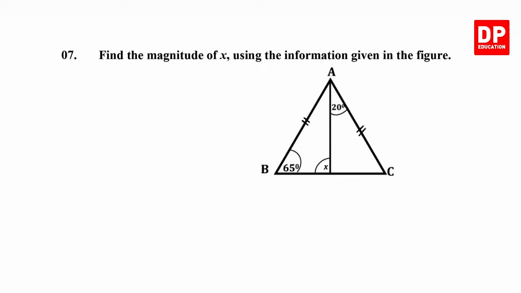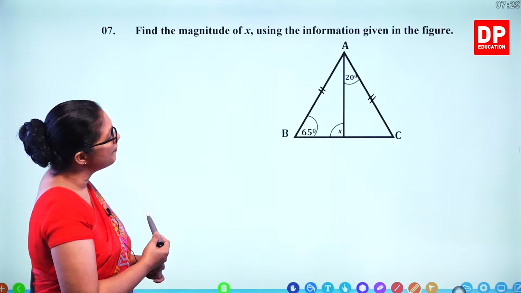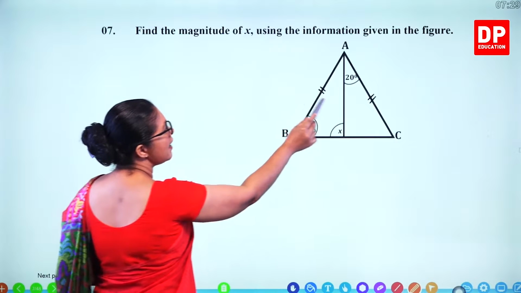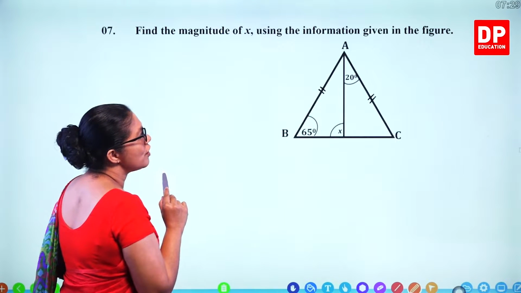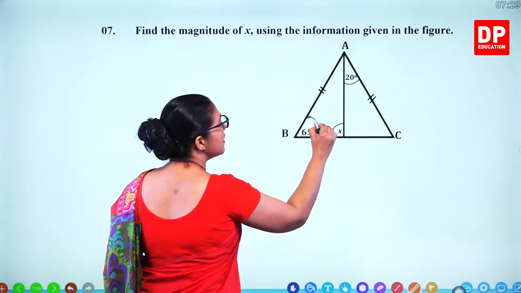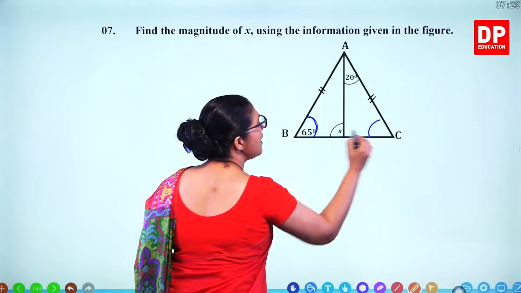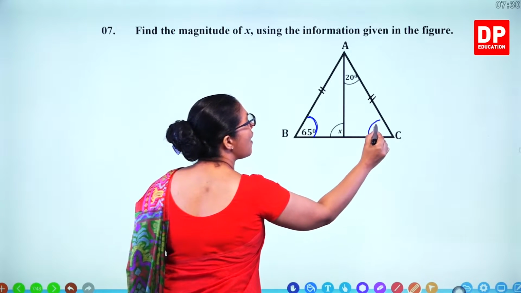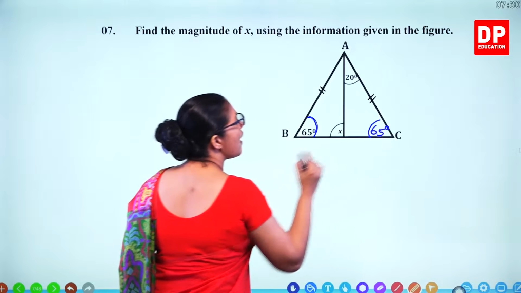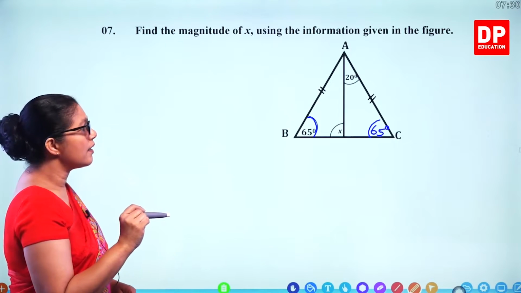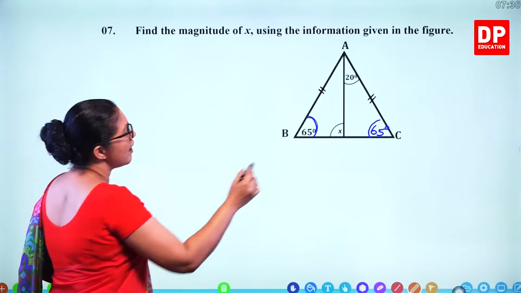Question number 7. Find the magnitude of x using the information given in the figure. So here these two lengths are equal. So what can you say about the angles? Opposite angles are equal. So if this is 65, this is also 65 because of the isosceles triangle. Then easily you can find x.